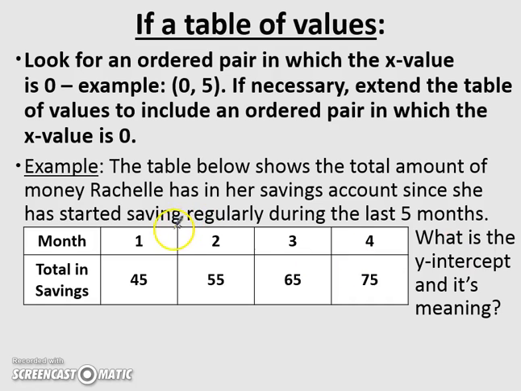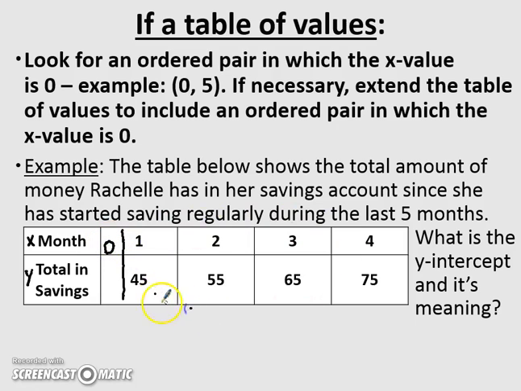Now, as you can see, the months are affecting the total in savings. So the months are the input and the savings total is the output. Or the total in the savings depends on how many months it's been since she started. Notice the x values, there are no zeros. So we're going to have to extend this to include 0.